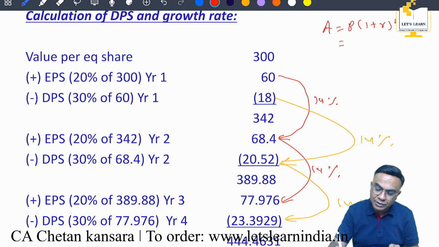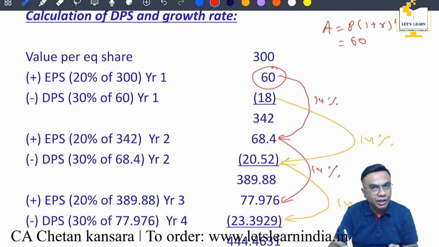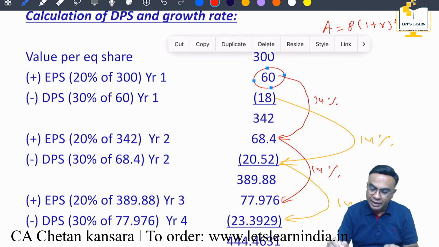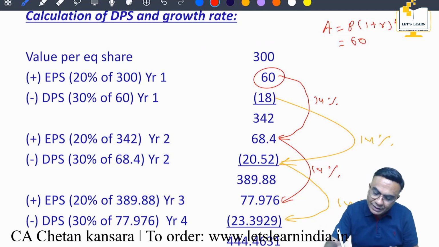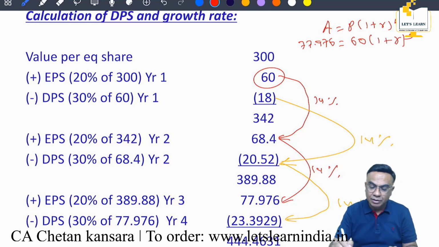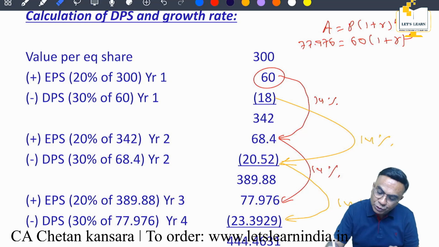So I can write 60 rupees as the initial earning per share, and after 3 years it is 77.976. 1 plus R raised to, but 1, 2, 3, when there are 3 figures, I will write raised to 2.